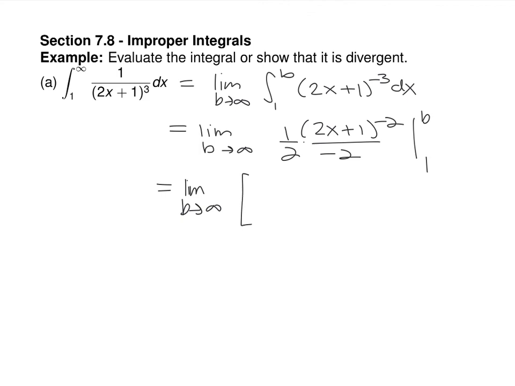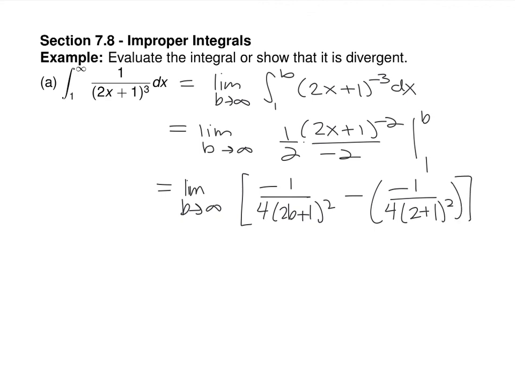So that becomes negative 1 over 4 times 2b plus 1 squared minus negative 1 over 4 times the quantity 2 plus 1 squared. Note that this first term, because b goes to infinity, goes to 0. And then the second term, the double negatives cancel, giving us 1 over 4 times 9, or 1/36.